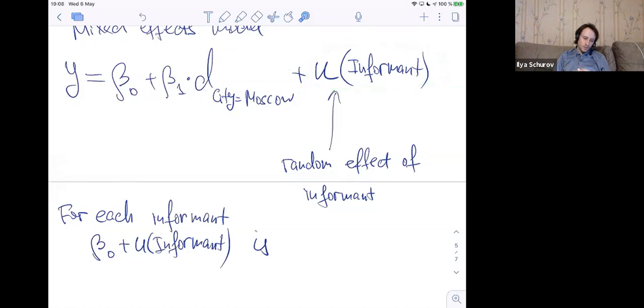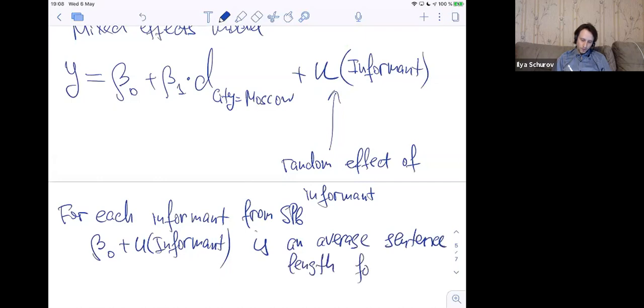In this case, for example, for each informant from St. Petersburg, this value, beta naught plus this u, is an average sentence length for this informant.